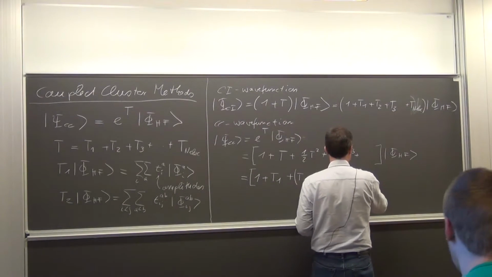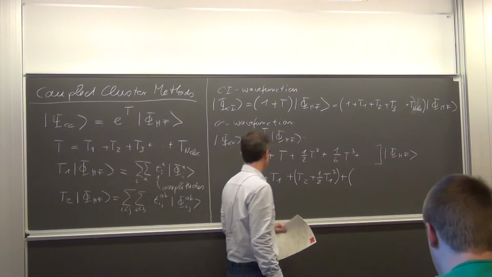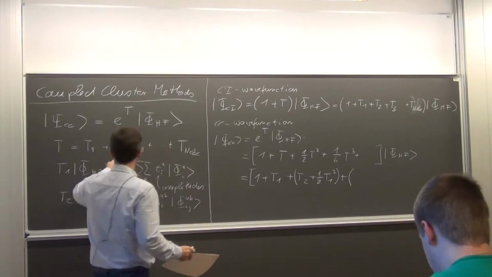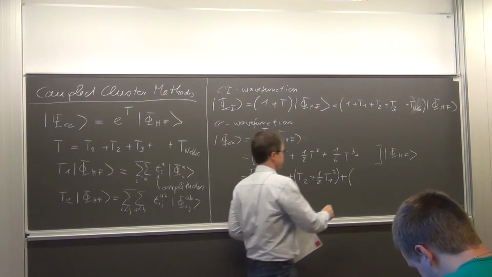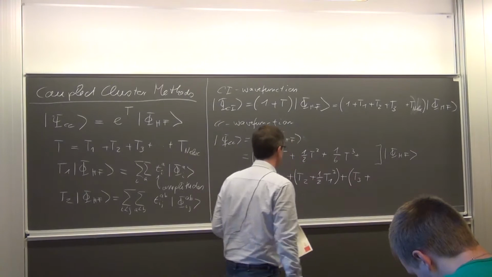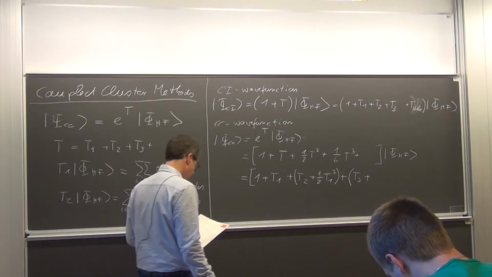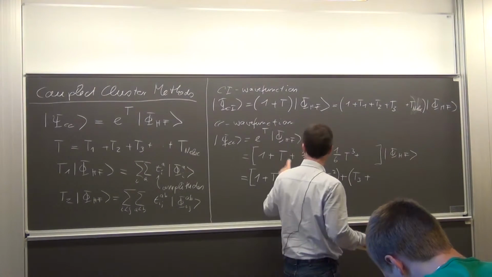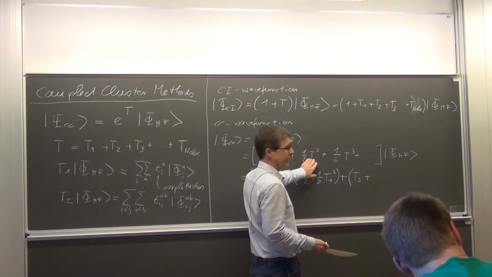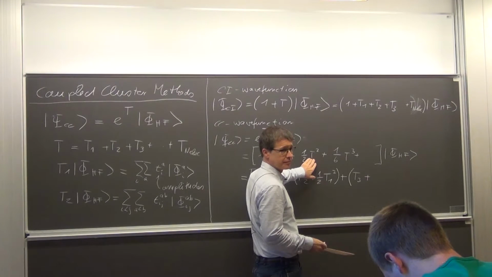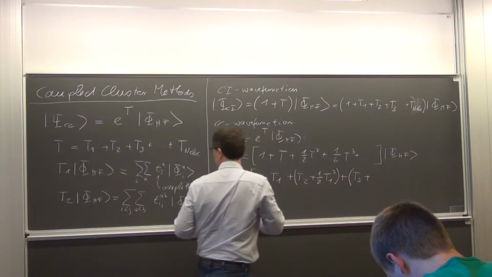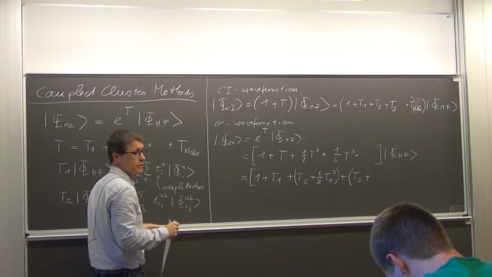Then let's look at triple excitations. For triple excitations, of course, I get one from here, T3. Then, in the same way as before, from here I can get T1 and T2 together.